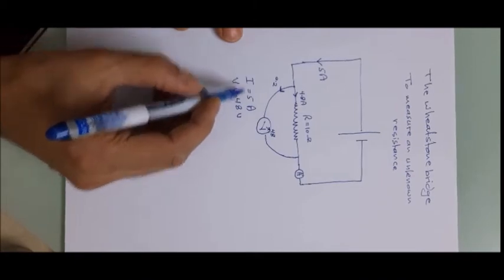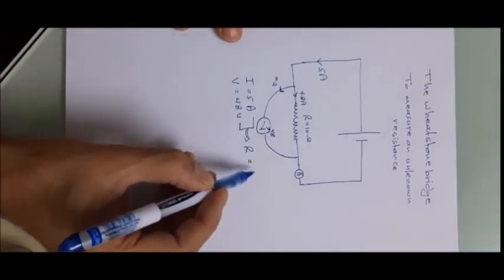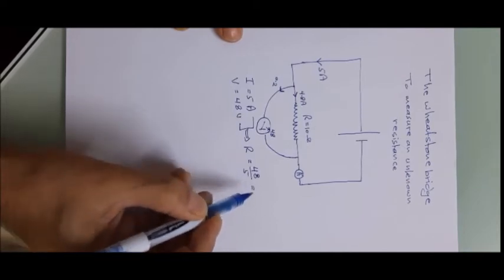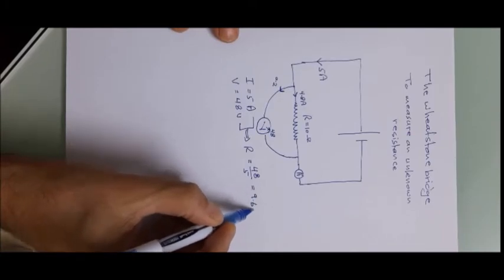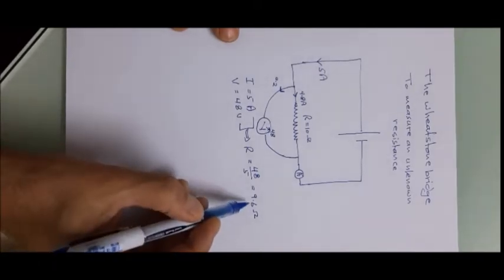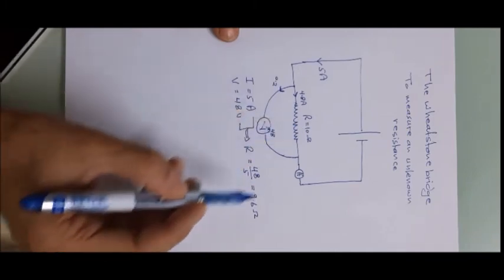And when we use these two values to calculate the unknown resistance R, we will have 48 over 5, which is in fact 9.6 ohms. So we will measure 9.6 ohms while the actual value of the resistance is 10, not 9.6.